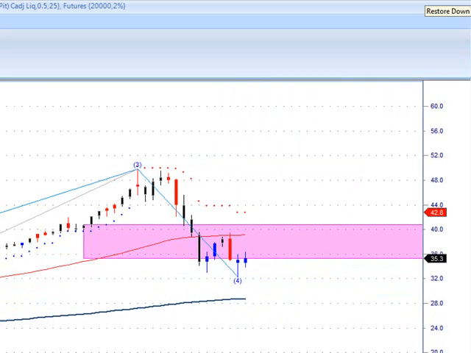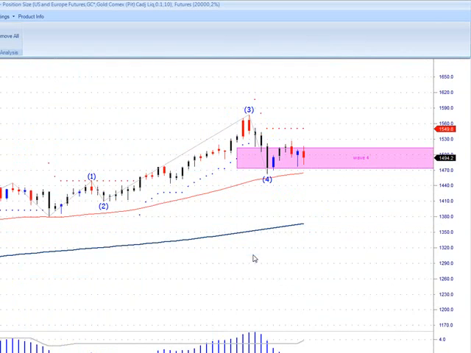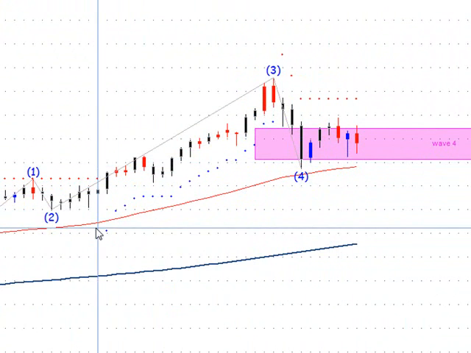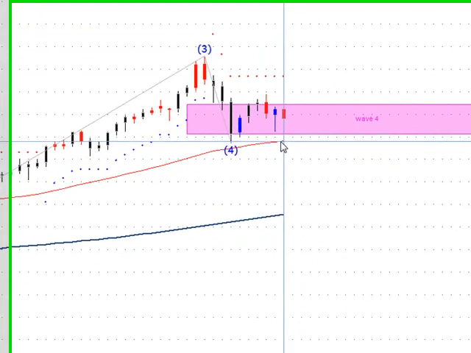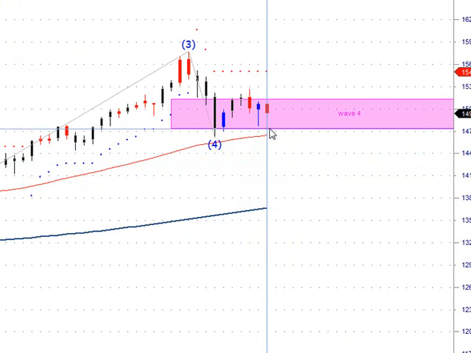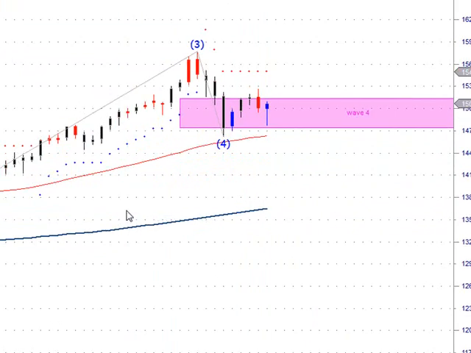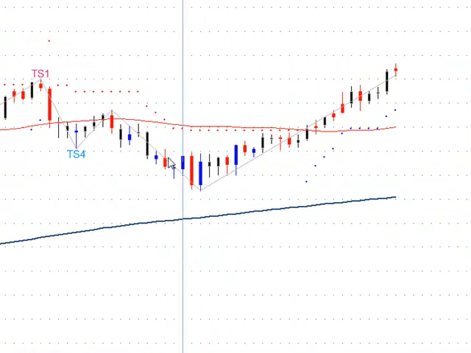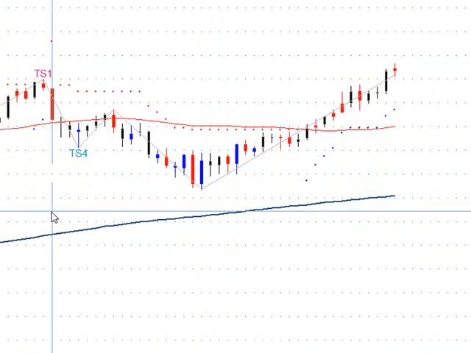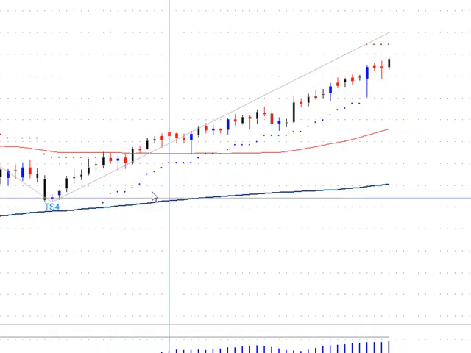What I want to see is in gold. Gold is very similar to the Dow, and into that wave 4 support we've got some consolidation. Here's the 50-day moving average on gold. They haven't really tested that yet, but the bigger buying opportunity will probably come if gold does get below the 50-day moving average, above the 200-day, because you can see all the best buying opportunities have come when gold has come below the 50-day but above the 200-day.